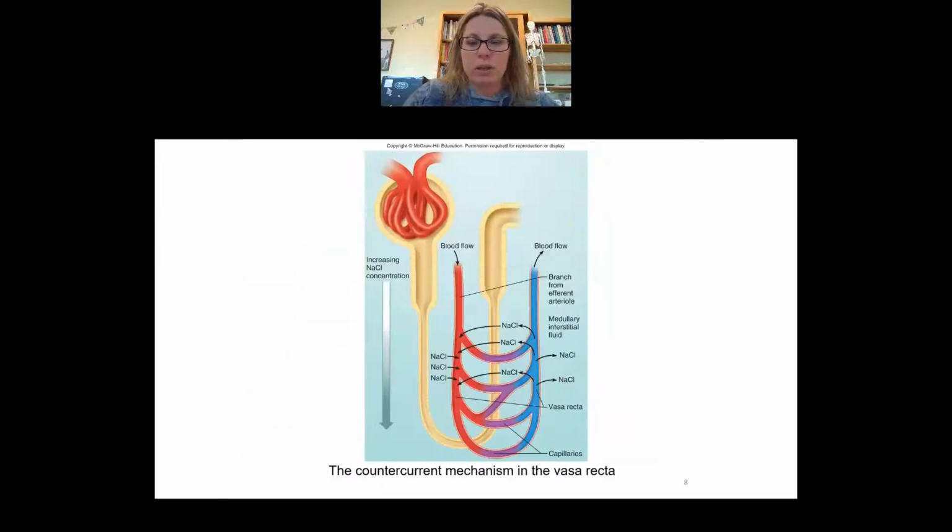It's going to include the vasa recta capillaries, and that's really about all we're going to say with that there. Okay, it just helps control the volume of the urine and just get things more concentrated so we're not getting rid of excess water.